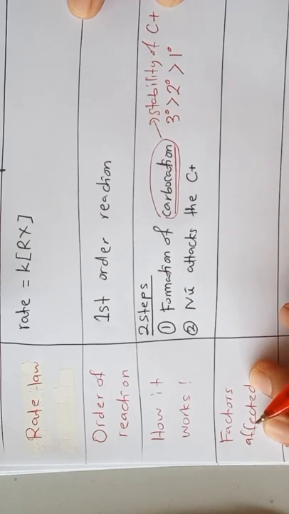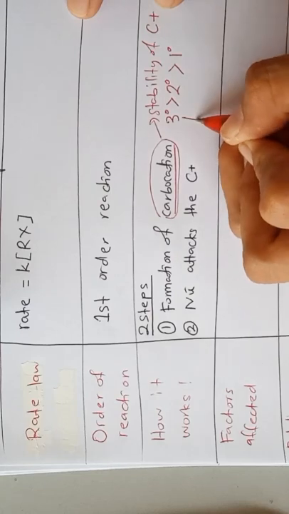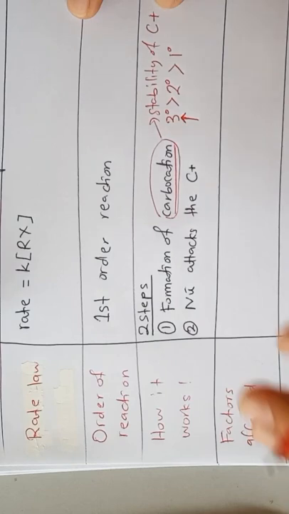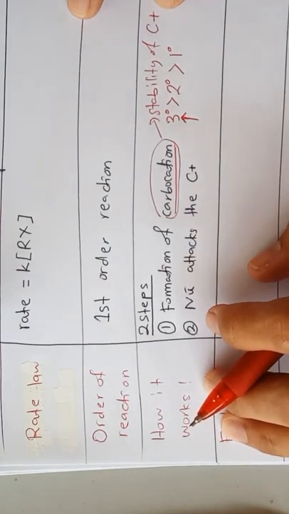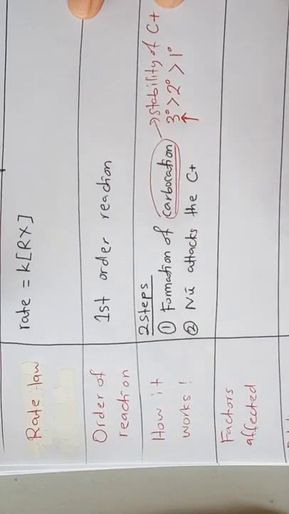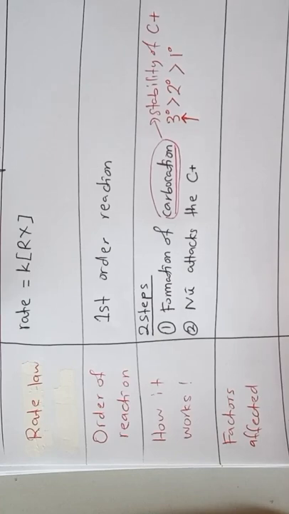Therefore, for the SN1 mechanism, we should form a tertiary carbocation ion. We need the most stable carbocation ion so that SN1 will happen. That is for the SN1 mechanism.